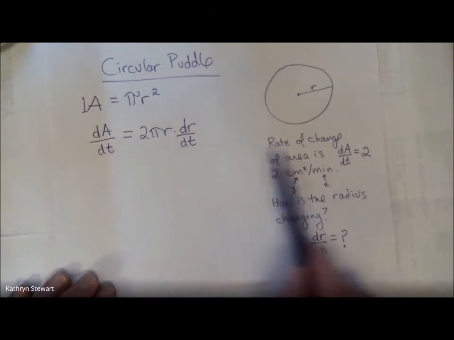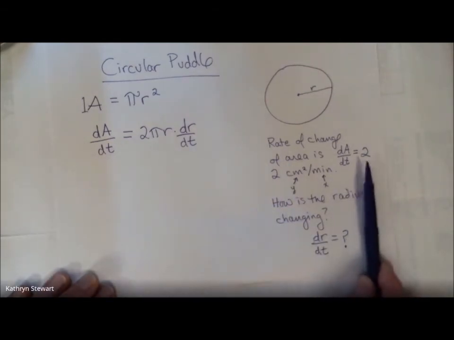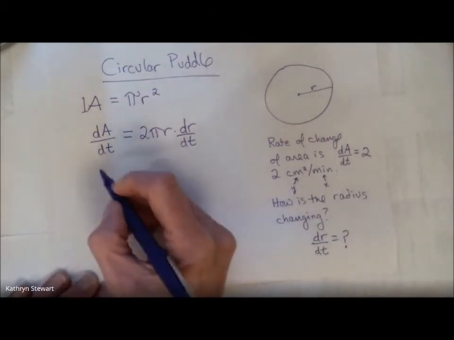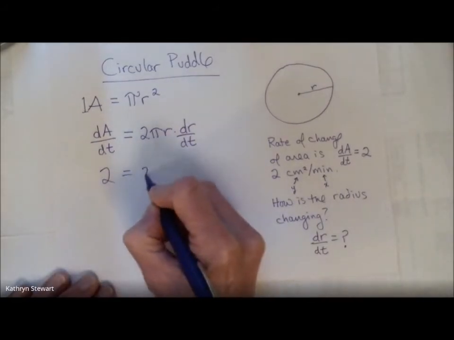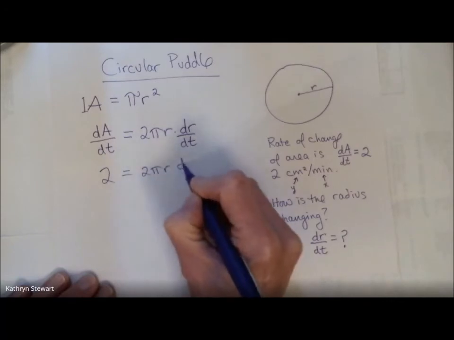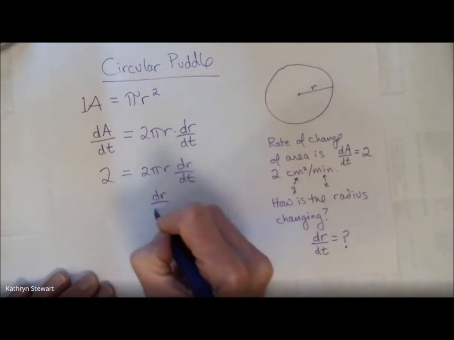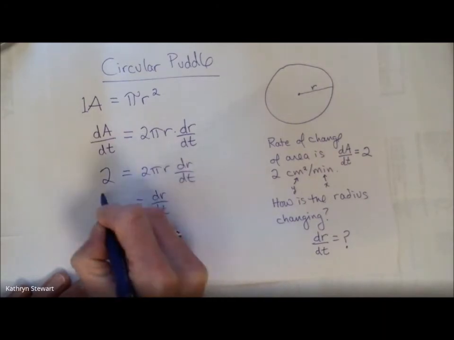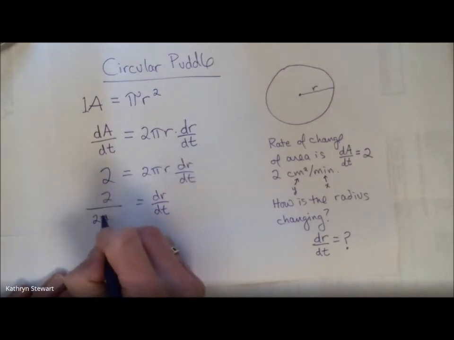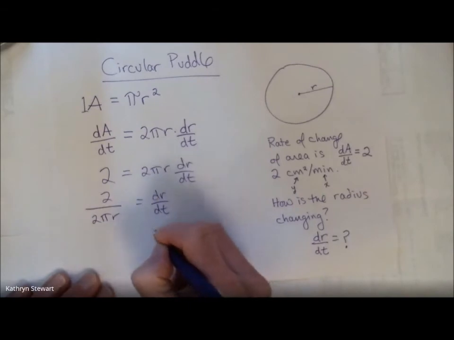Let's substitute in the specific information we have. Well, I know that dA/dt is constant, it's 2. So now I'm just going to do a little algebra. Divide by 2 pi r, and we can clean that up a little bit.